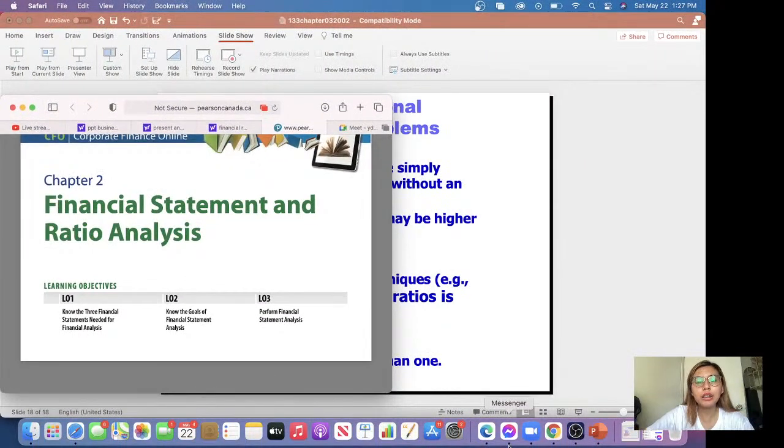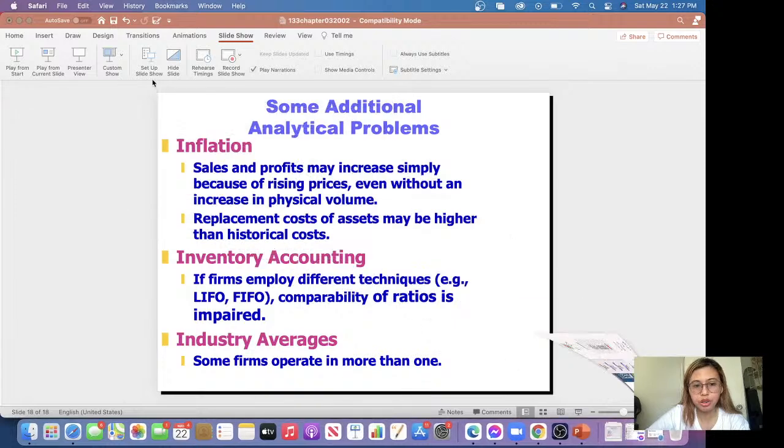I'll be sending the financial statements and you will compute the ratio analysis of the company. I'll be sending all the materials later.